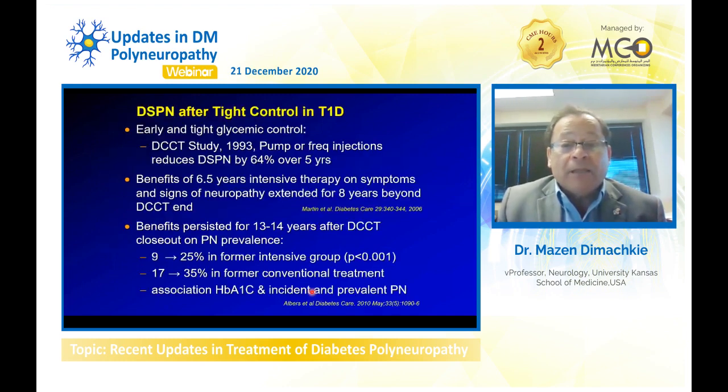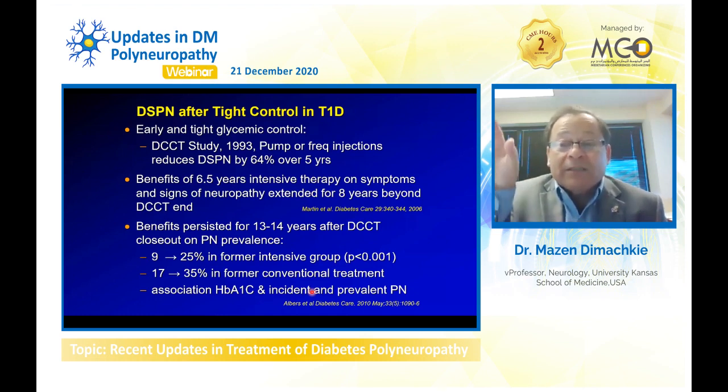Now, this is evidence that is very strong that we have in type 1 diabetes, as was alluded to earlier. Tight control of diabetes, based on the Diabetes Control and Complications Trial, the DCCT trial, shows the benefit of early, tight, strict control of diabetes in type 1 diabetes.